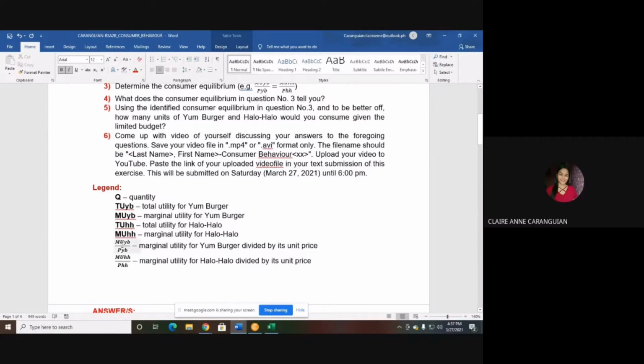MUYB over PYB is equal to marginal utility for Yum Burger divided by its unit price. Last is MUHH over PHH, or marginal utility for Halo Halo divided by its unit price.